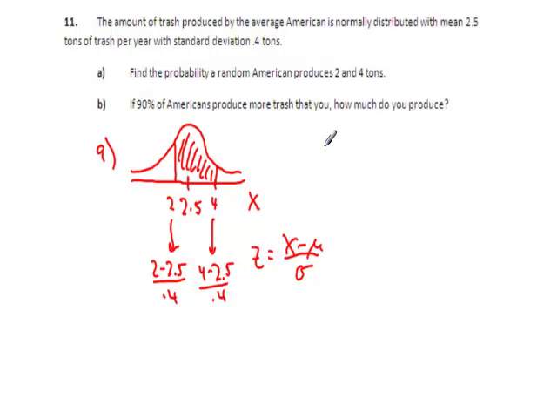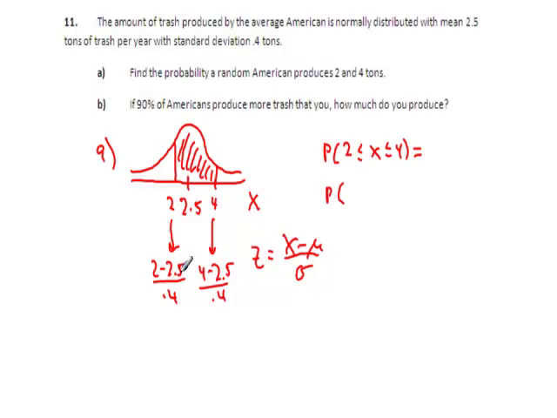So what we're going to do now is say that we've transformed the problem from saying the probability that x is between 2 and 4 tons into a problem of z. And that's in between, and break out our calculator now.